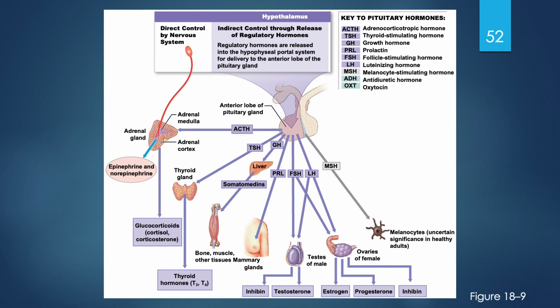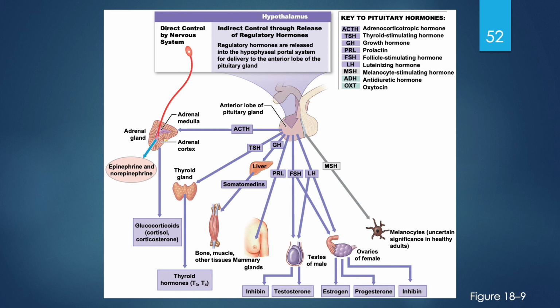The adenohypophysis also releases TSH, a thyroid-stimulating hormone, to stimulate the thyroid to release its thyroid hormones, T3 and T4. Growth hormone will also stimulate the liver to produce somatomedins, and this will affect our growth of our bone, our muscles, and other tissues that allow us to actually become larger in physical stature.